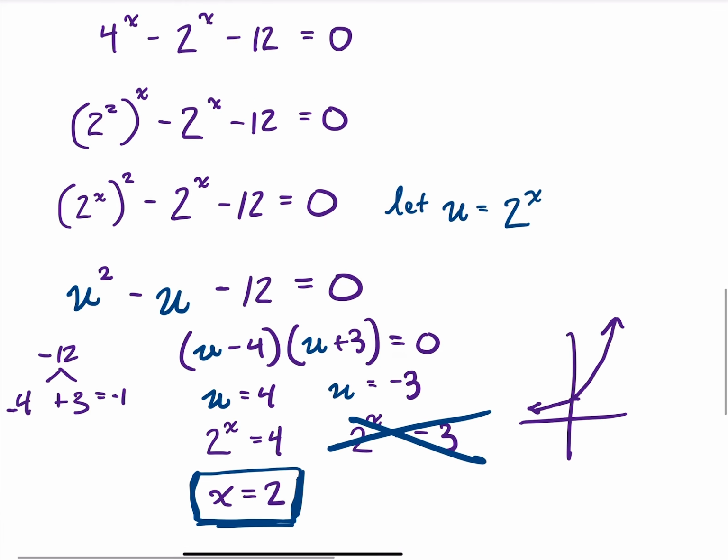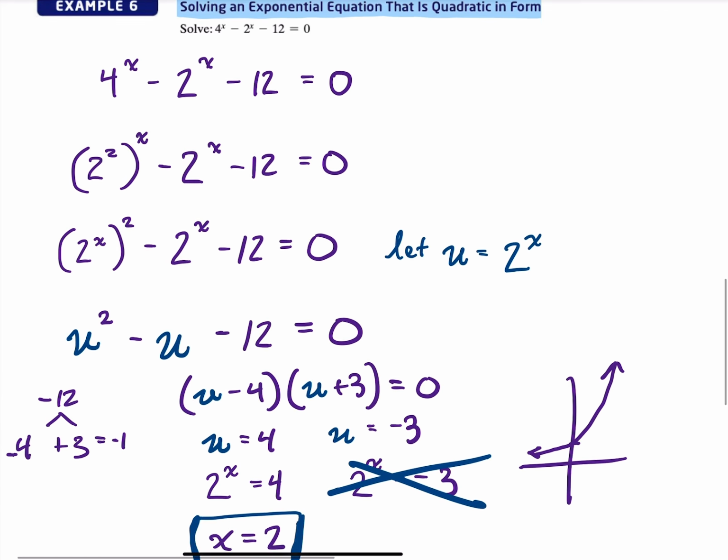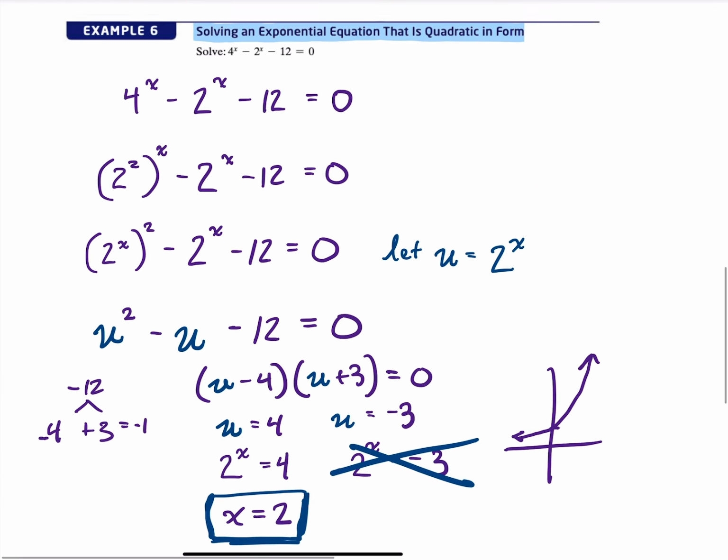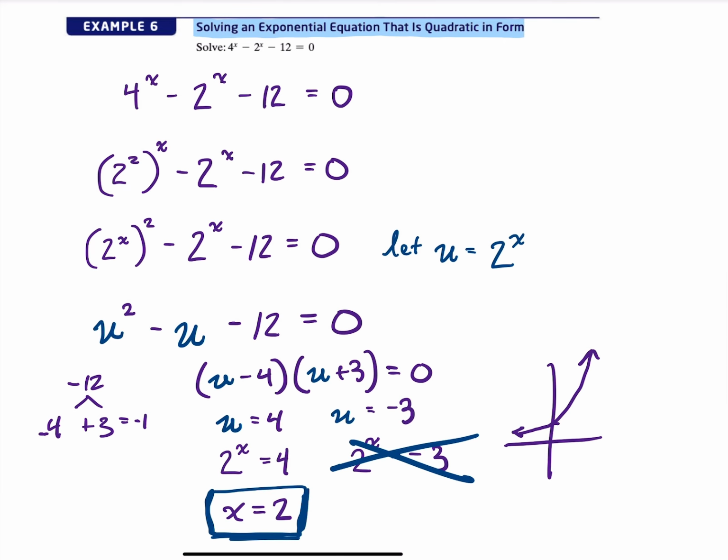So this one was pretty fun. It's very tricky. If we didn't have that little hint in the title, it might have been difficult to pick out what to do. So keep an eye out for things that are quadratic in form. We had to do a little bit of manipulation in order to see that quadratic form, so it might even be hidden from plain view. But when in doubt, it's a thing to look out for.